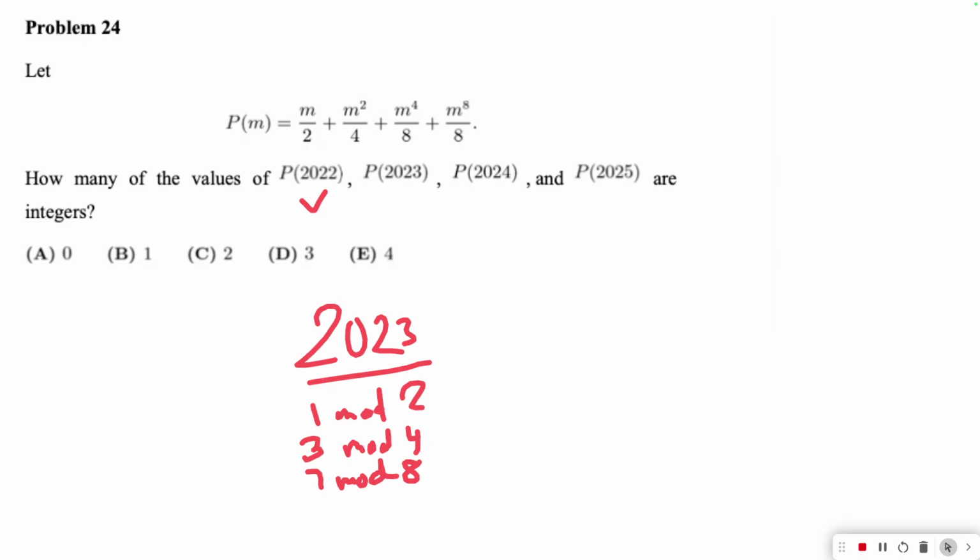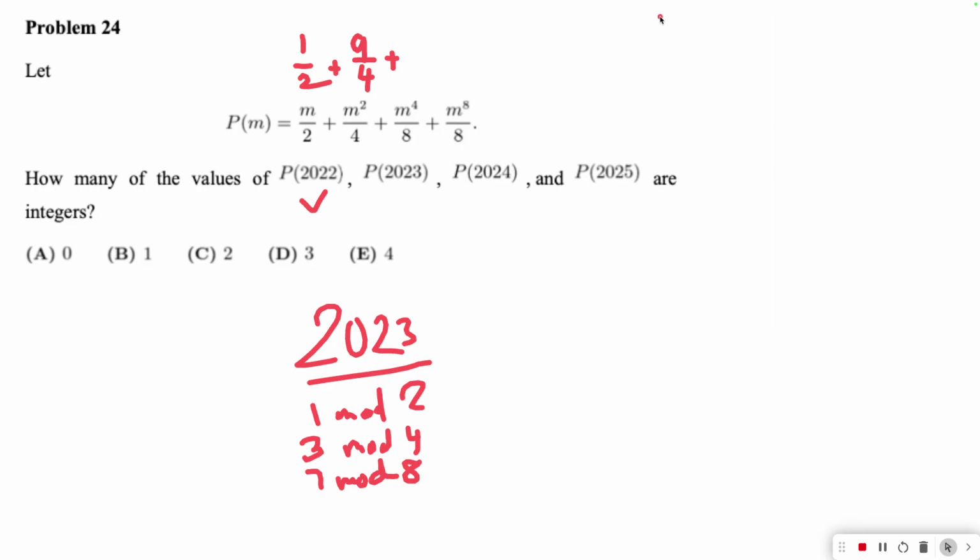Okay, so we plug in 1, we'll get 1/2 from here. m squared, 3 squared is 9. 9 over 4. We realize because they're congruent, we can just plug them in, because all of the integers below it are congruent. You can just plug in because they're congruent. Okay, and then m to the 4th is 7.